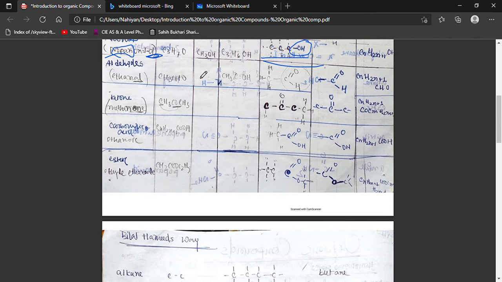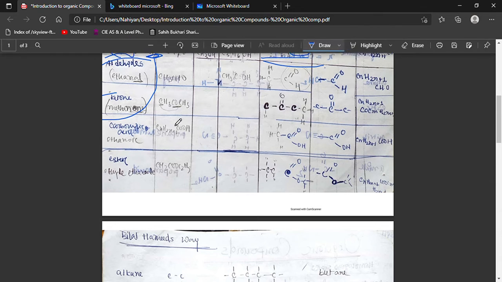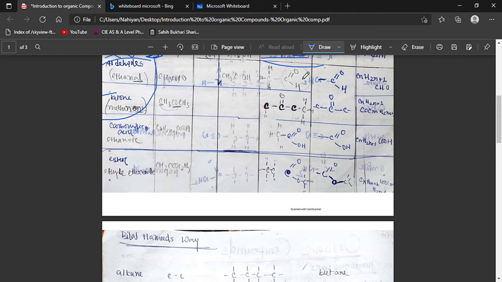Moving on to aldehydes. Aldehydes and ketones together are called carbonyl compounds because they're quite similar. The functional group of aldehyde is that it must have a C=O double bond. But one other condition is that it must be on the end of the chain.